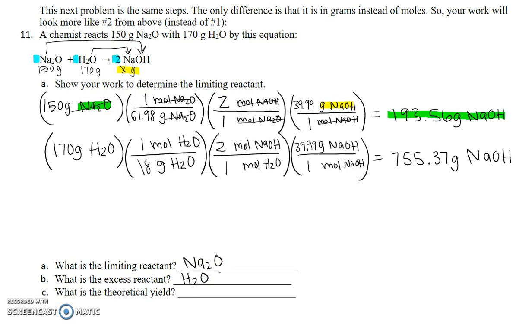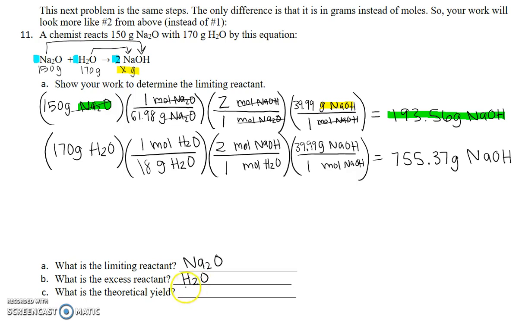And last but not least, the theoretical yield is controlled by the limiting reactant. The theoretical yield says once you've stoichiometrically, or using your conversion factors here, solved for how much product you can make, the limiting reactant indicates your theoretical yield. So if everything goes perfect and I use all of my 150 grams of Na2O, I can get 193.56 grams of NaOH.